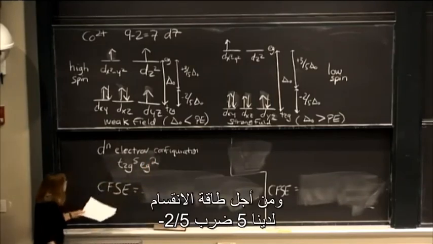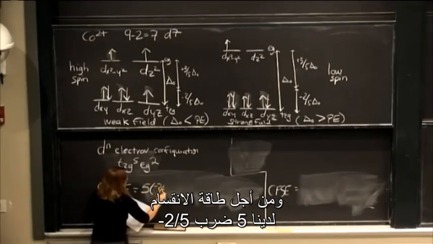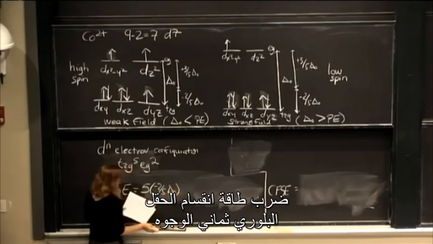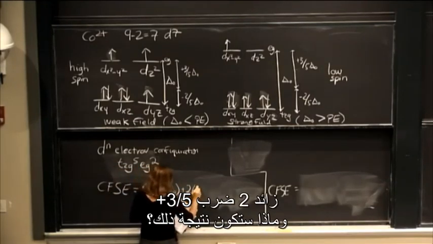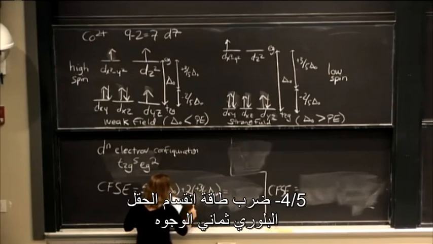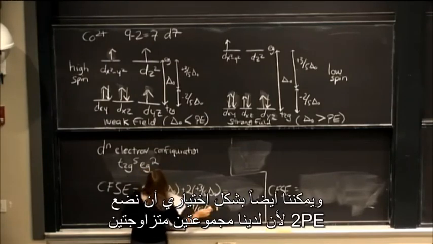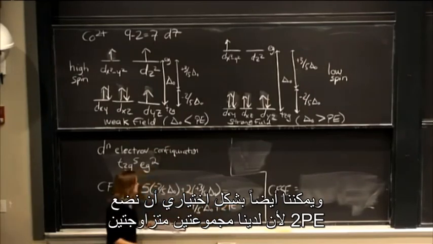And for our splitting energy, we have 5 times minus 2/5 times the octahedral crystal field splitting energy plus 2 times plus 3/5. And what does that end up equaling? Minus 4/5 times the octahedral crystal field splitting energy. And we could also optionally put 2PE because we have 2 sets paired.